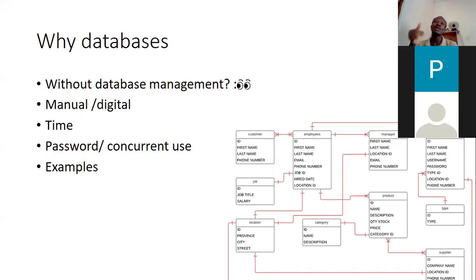When I press a button here, I can get something sent to Tamale faster than I can get light to travel that far. So you can double check on this. A lot of time is saved when we make use of databases, because without databases we have a problem. We have to find physical ways.